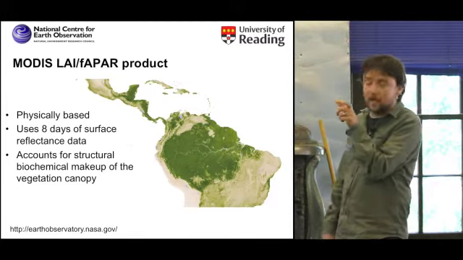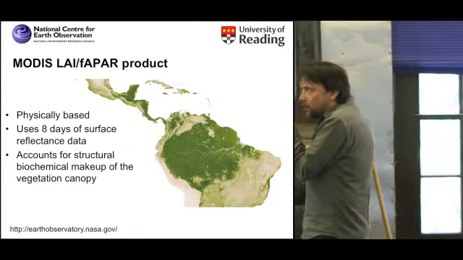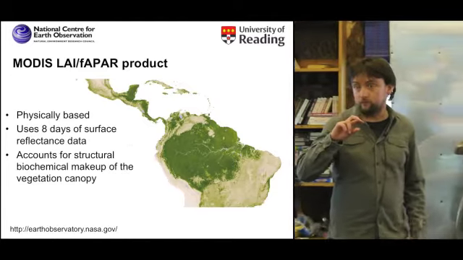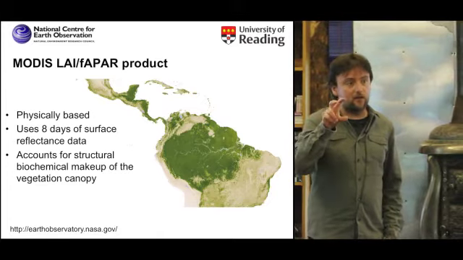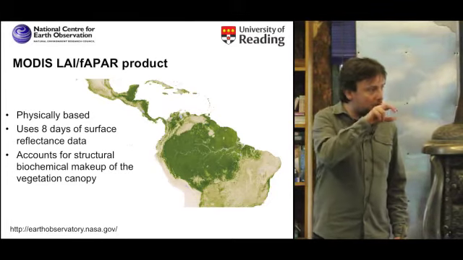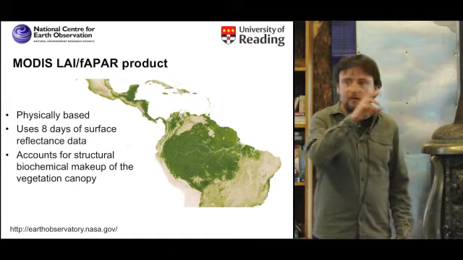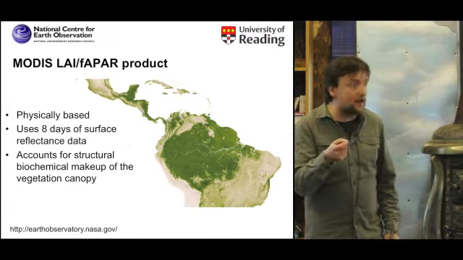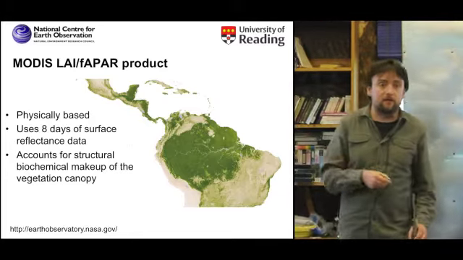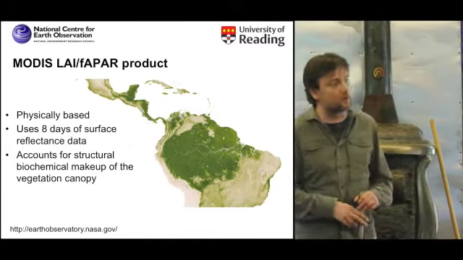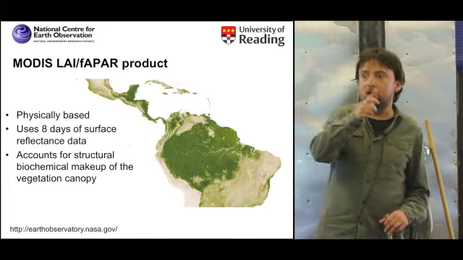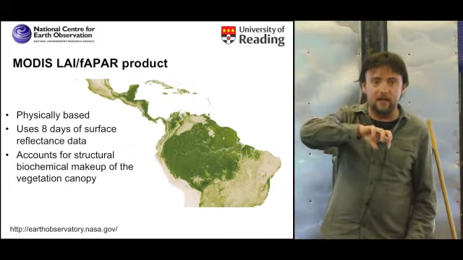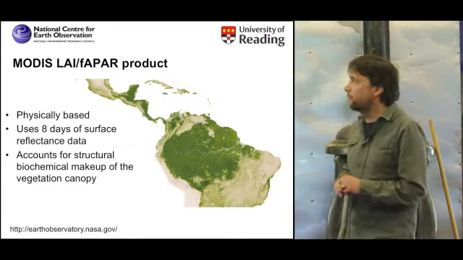And what it does is use 8 days of surface reflectance data from MODIS to invert that model, to take the observations and work out what the parameters are inside the model that give the best fit to those observations. And the main parameter that it extracts is the leaf area index from that model. So by doing that inversion procedure, we start with the reflectance data and we end up with an estimate of the leaf area index.